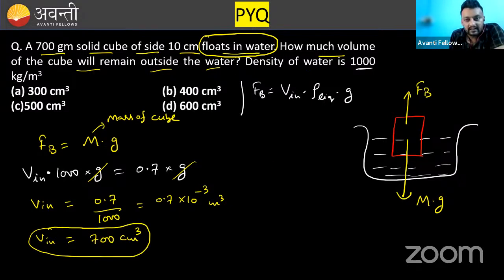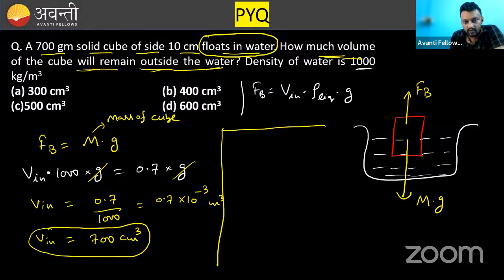And they are asking how much volume of the cube will remain outside the water. So for outside the water, what do I say? Volume outside is equal to total volume minus volume inside.